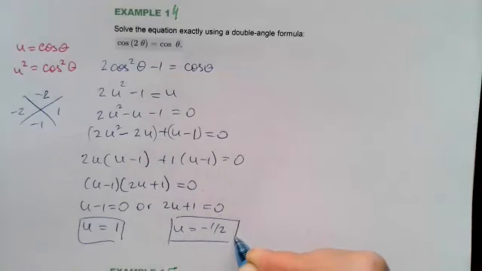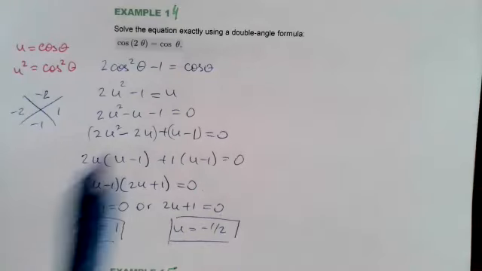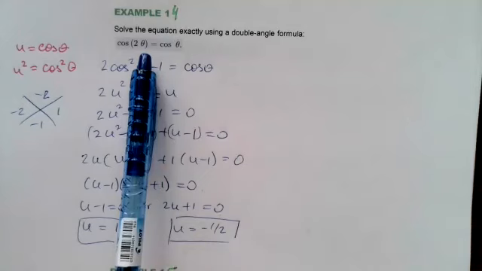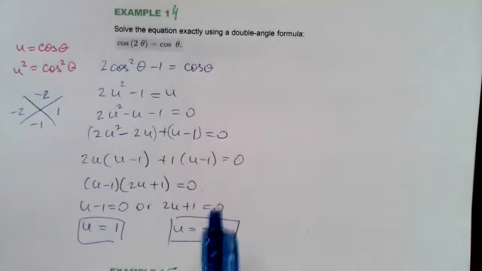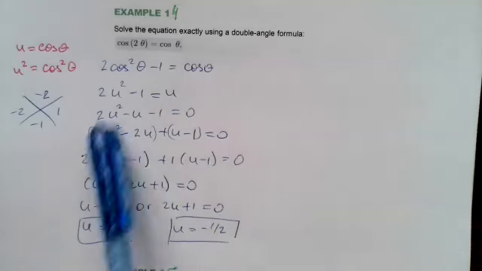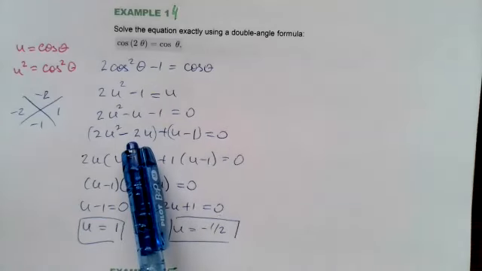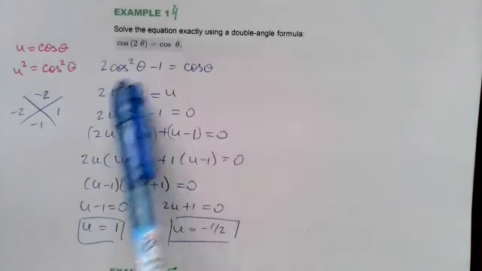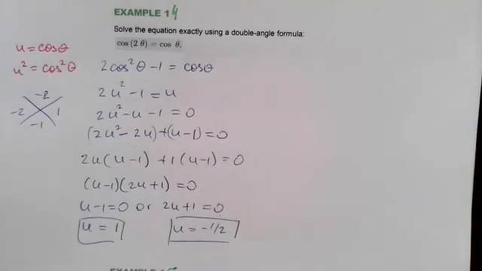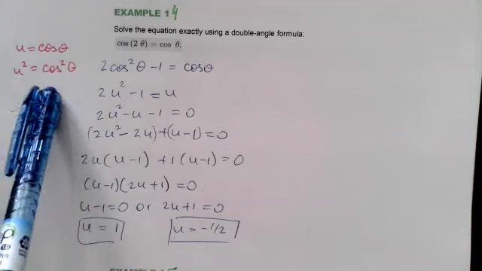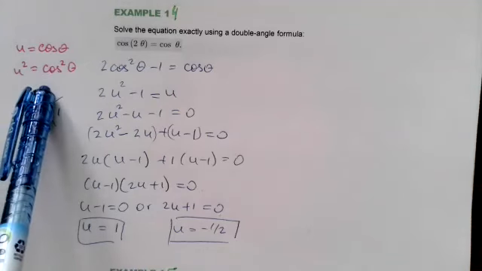Now I'm supposed to solve for theta, right? And that's what I was saying at the beginning of this section. First, you're going to do the algebra part. So you're going to use your algebra and solve the algebraic, linear, or quadratic equation. And then once you're done solving the algebraic equation, you're going to go back and solve the trigonometric equation.